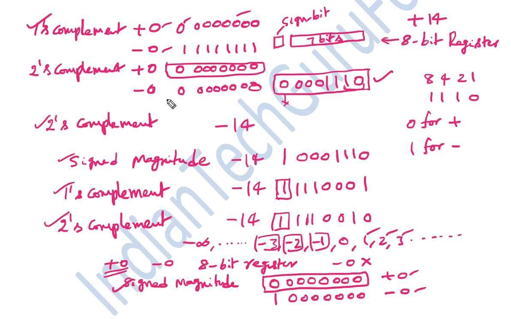Whenever an integer number is given, we should be able to represent it as both positive as well as negative. Because twos complement representation doesn't have minus 0 at all, we should prefer twos complement representation for integer arithmetic.